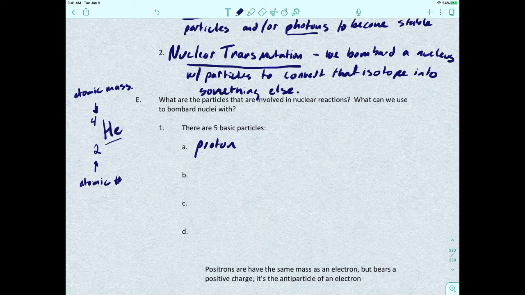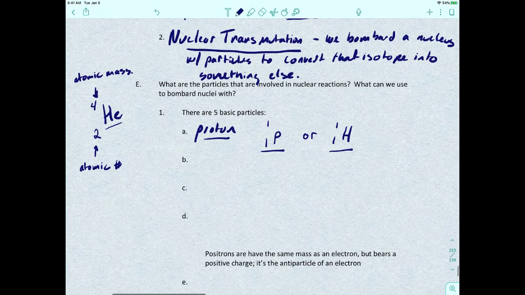Okay, so the proton would be written with a lowercase p. It will have a mass of 1 and an atomic number of 1. Now, the species that has a mass of 1 and an atomic number of 1 is the hydrogen atom. So you could write a proton using a lowercase p, or you could write a proton using hydrogen.